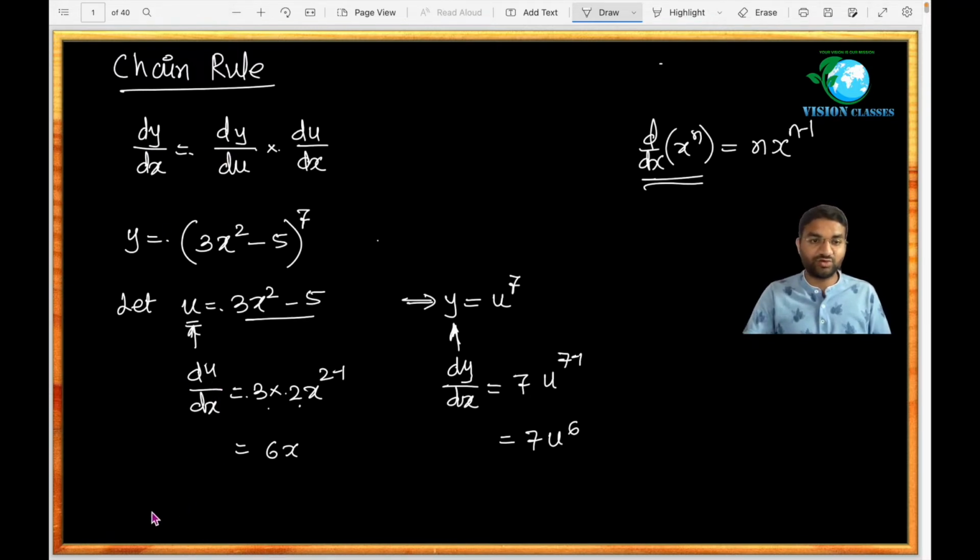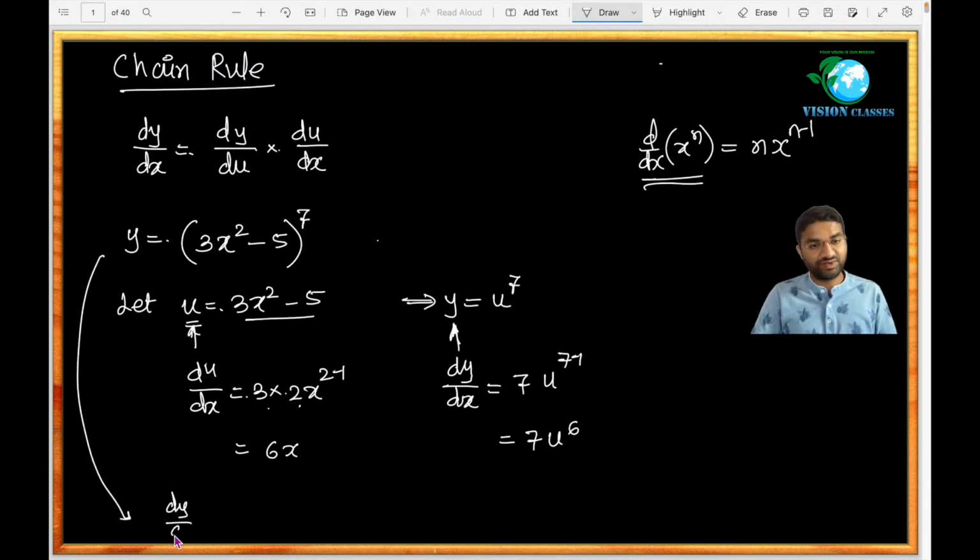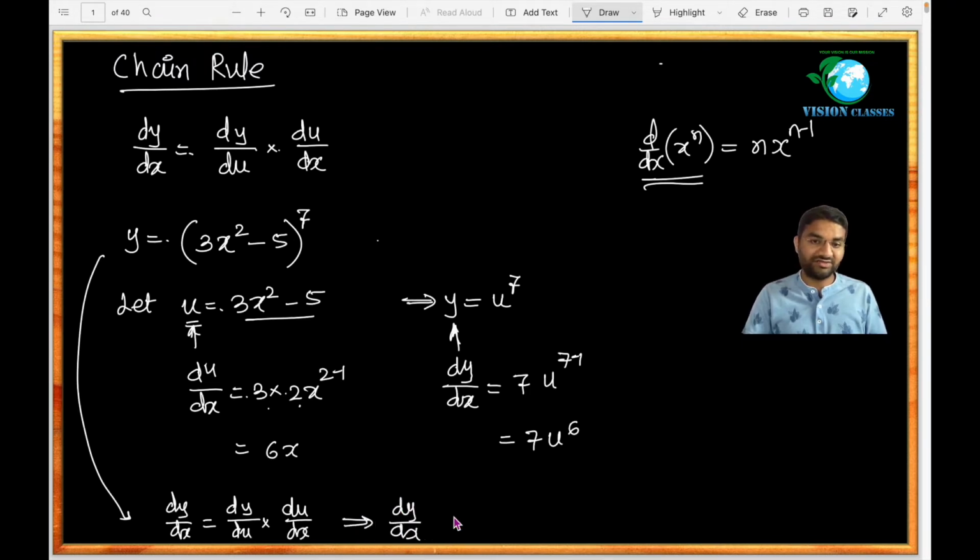Now put in this formula. So here dy by dx is equal to dy by du times du by dx, getting it? So if you put in the formula, dy by dx is equal to, firstly dy by du is 7 u raised to 6, times du by dx is 6x, getting it?